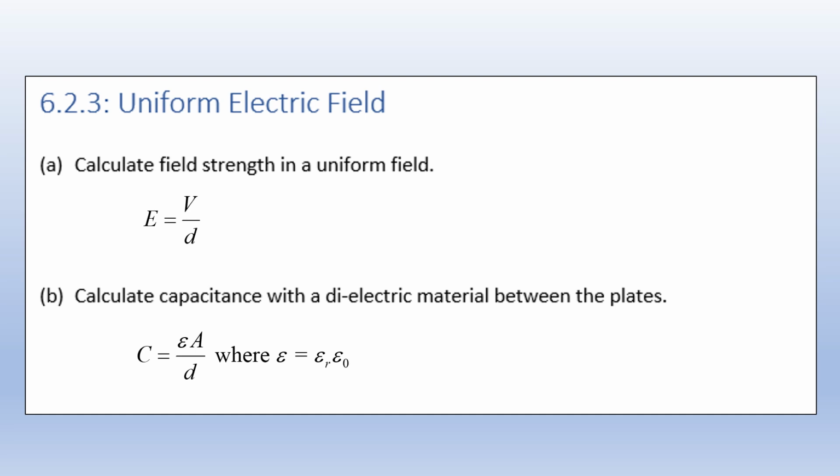And if we change the material between the two plates, that can change the capacitance, because it changes the term called the relative permittivity, shown with an epsilon subscript r. Different materials have different relative permittivities. They're all greater than 1, so you can never have a permittivity less than epsilon 0, but you can increase the permittivity value.